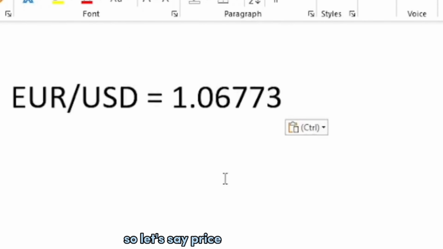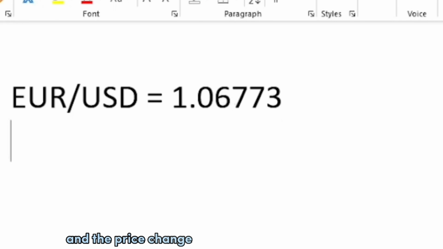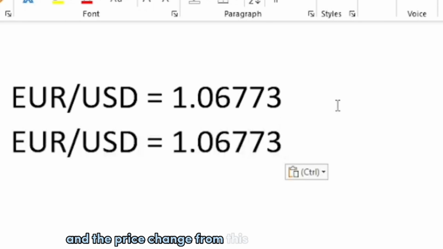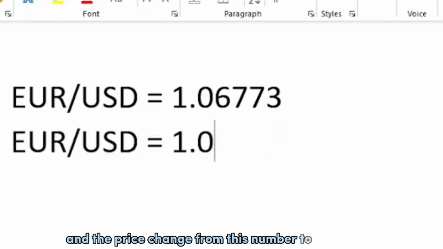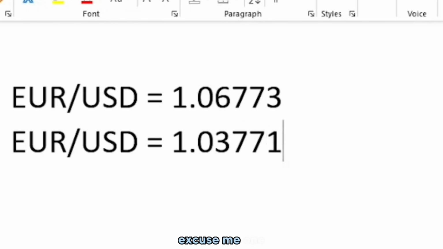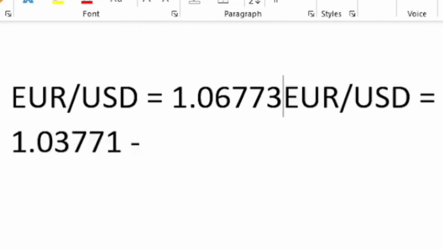So let's say price moved to 1.06773, and the price changed from this number to 1.03771. Excuse me, that's a 2. 1. How many pips has this pair moved?